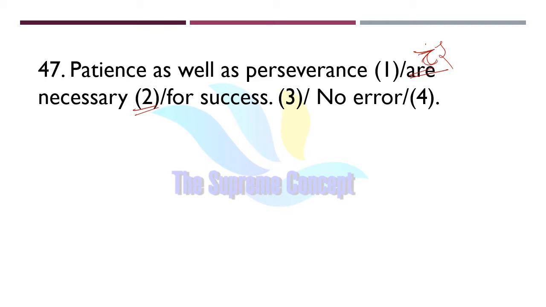Because when expressions like as well as, or along with are used, the subject is considered singular, especially following the first one, patience. As patience here is singular, we will use "is" here.